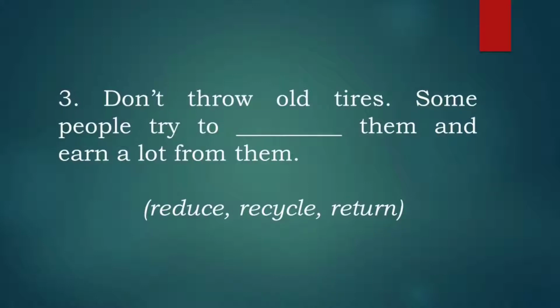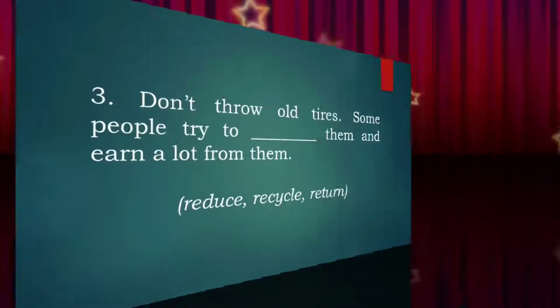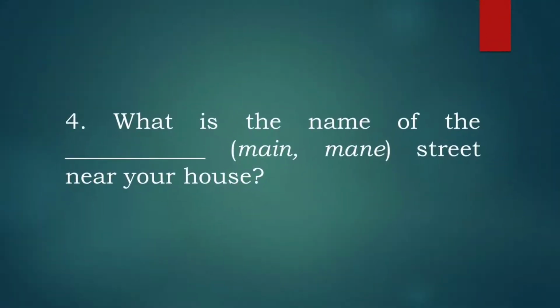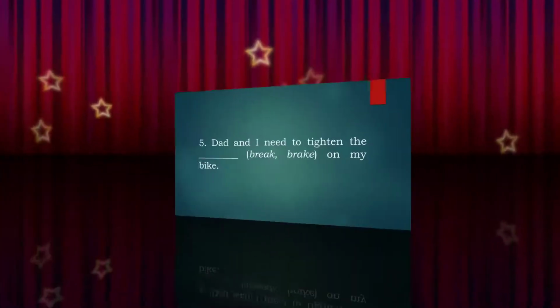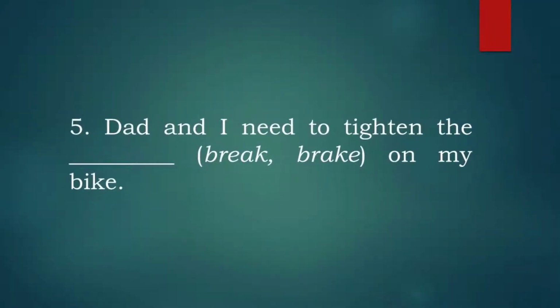The choices in the parentheses are reduce, recycle, return. Number 4. What is the name of the main street near your house? Last number. Dad and I need to tighten the blank brake on my bike.